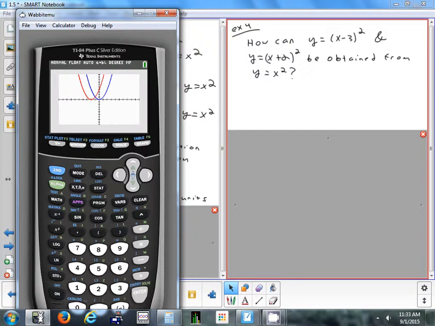A lot of people see plus and think plus goes towards the right because that's the positive direction. Well, when it's inside the parentheses like that, it's the opposite. In fact, any horizontal transformation, whether it's to quadratics, square roots, or anything, always does the opposite of what you would expect. So that part you just have to remember.